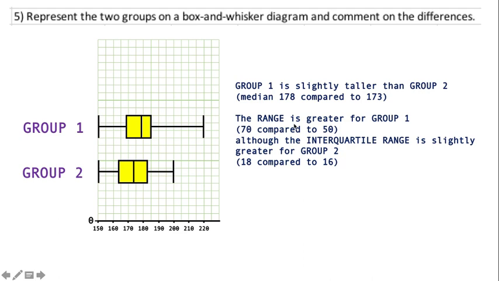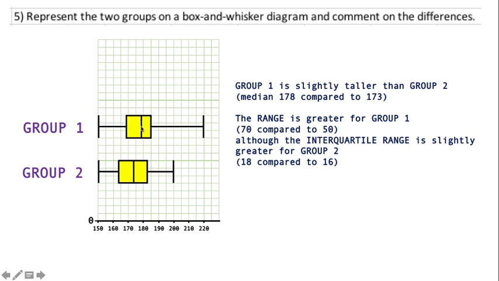So in a box and whisker plot question, you are typically trying to compare 2 different groups of data on a comparable quality. So in this case, height. And you're looking for 2 things. You're looking for the general central tendency of the data.